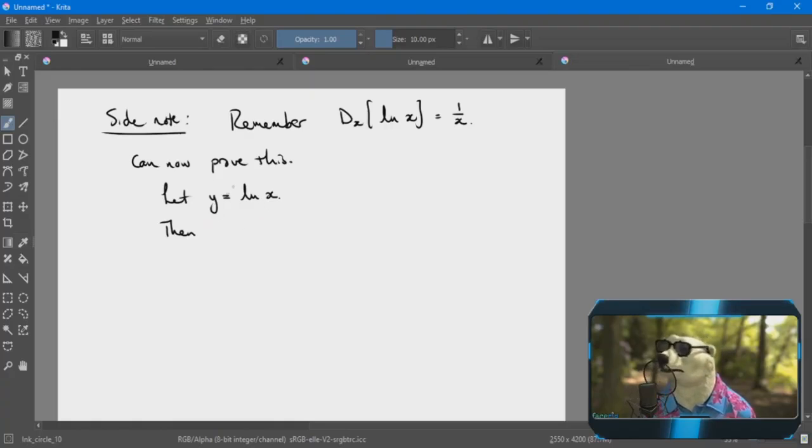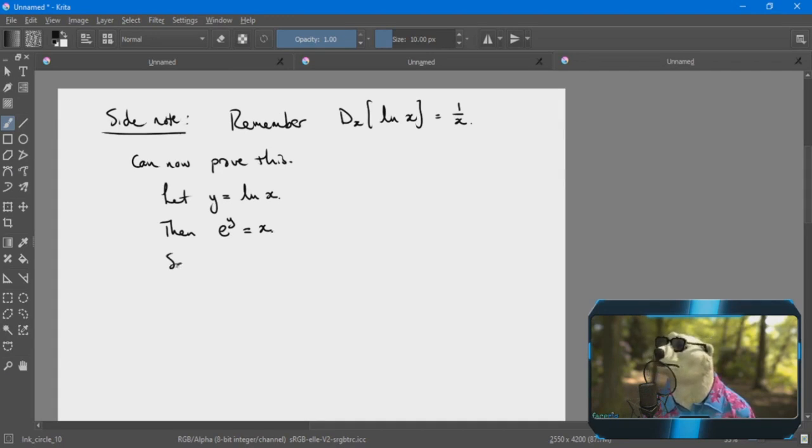I can rewrite this log equation as e to the y equals x. You have to go back and look at our discussion there if you're not sure. Essentially, what does this log mean as intuitively as possible? It represents the power of e that would give me an answer of x. Well, that's y. So e to the y would give me x.